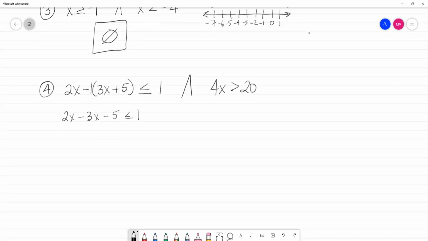All right, and then 2x minus 3x. Right, so negative x minus 5 less than or equal to 1. All right, next step.